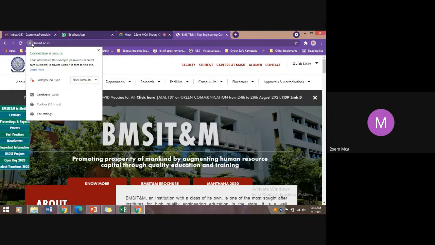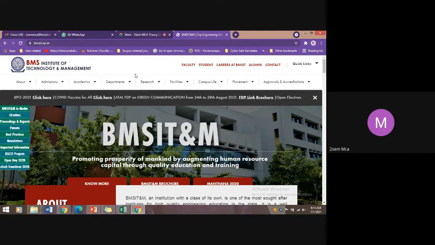And a few more precautions need to be taken. Verify your account. You need to check your account verification. If you suspect your account has been hacked, then you need to change the password immediately.